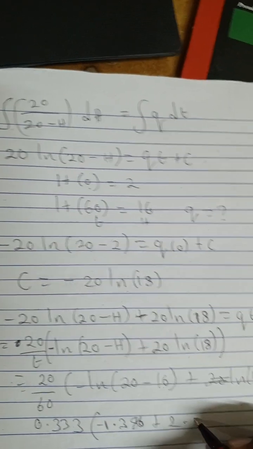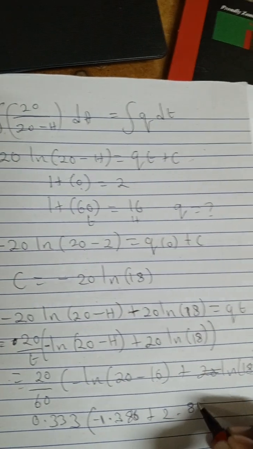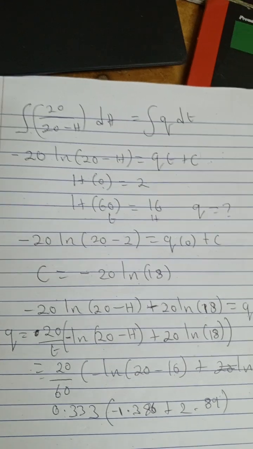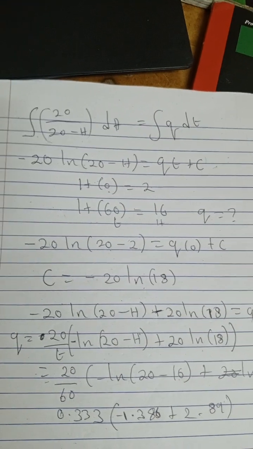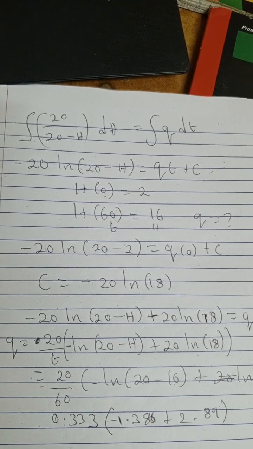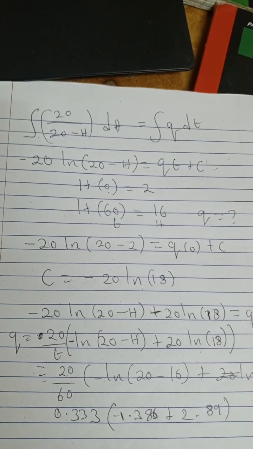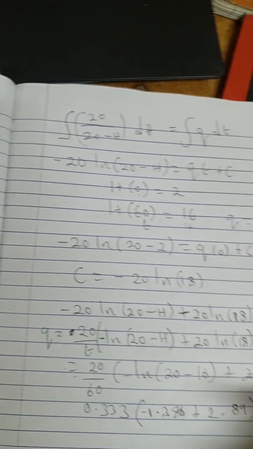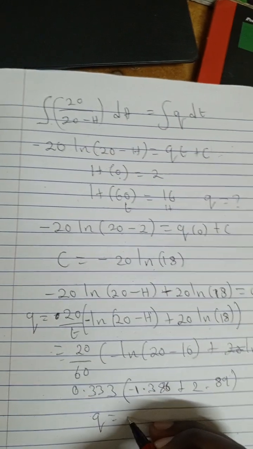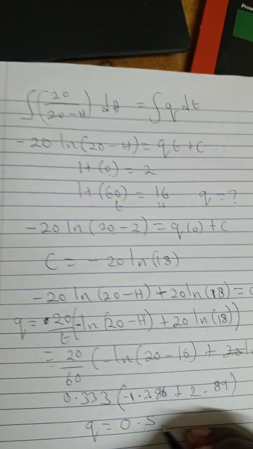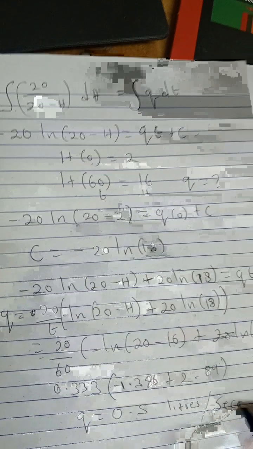So 2.89 minus 1.386 is giving us 1.5, then times 0.333. So our answer for Q, the value of Q, will be 0.5 liters per second.